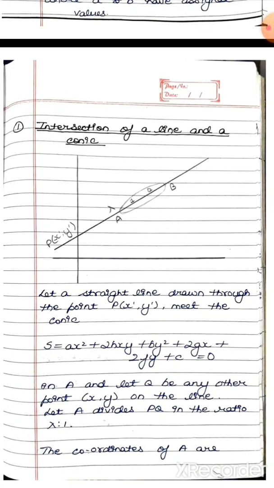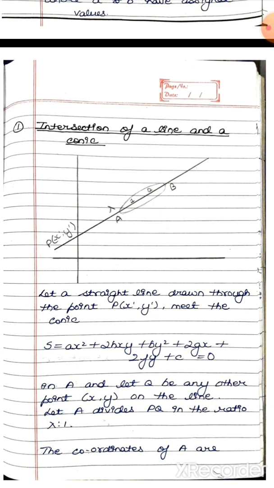Next topic we have is the intersection of a line and a conic. As we can see in the diagram, let a straight line drawn through the point P meet the conic whose equation is S = ax² + 2hxy + by² + 2gx + 2fy + c = 0 in A. Let Q be any other point on the line.